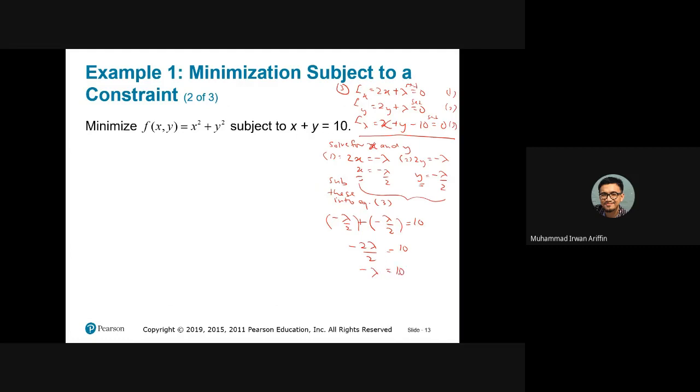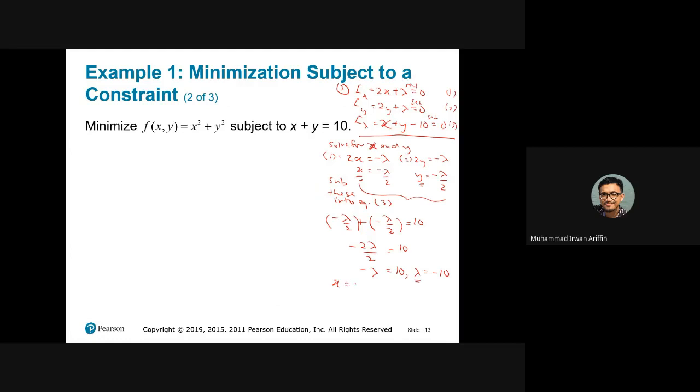So now I have solved for the value of negative lambda. In this case, lambda equals negative 10. With this lambda, I can then solve for x and y. What is the value of x? x is given by negative lambda over 2.